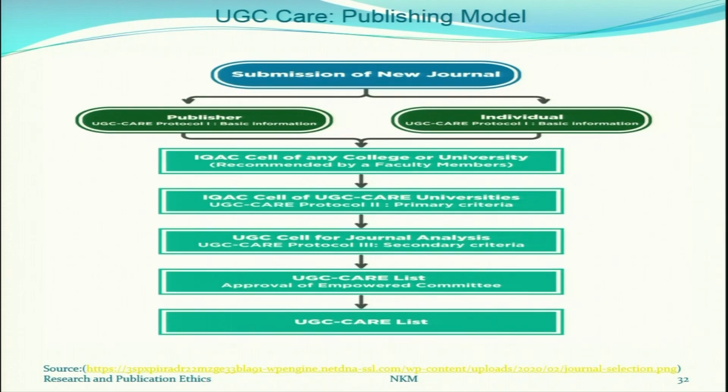So UGC has developed this stringent model in order to avoid predatory journals. They have developed certain protocols and checks, and only by qualifying all these committees and protocols can a journal be listed.